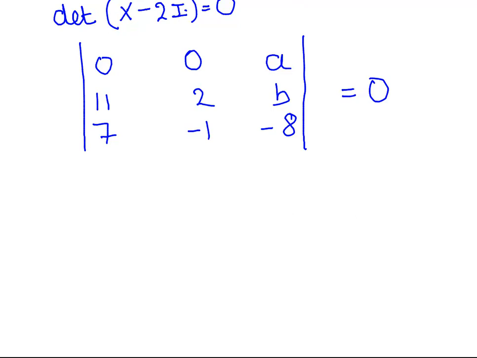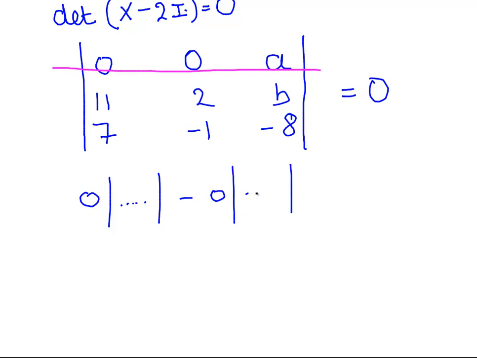Now, again, the determinant of a 3 by 3 matrix. What we're going to do here is take the top row, 0, 0, and A. Let's do this out again properly. So 0 times its minor matrix, minus 0 times its minor matrix.